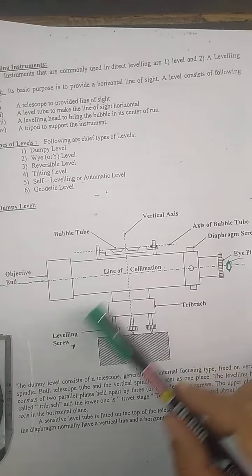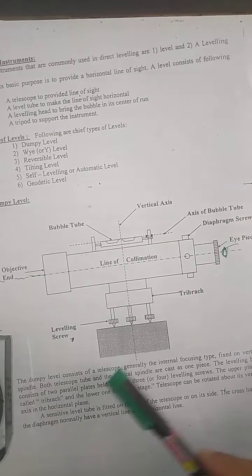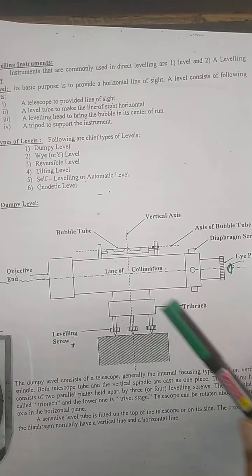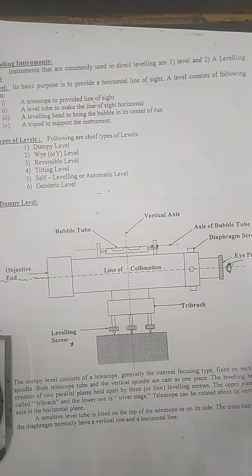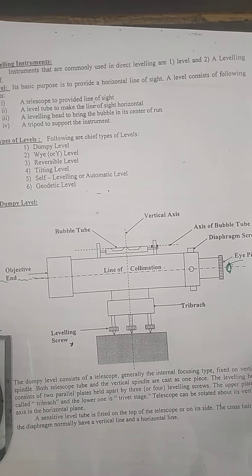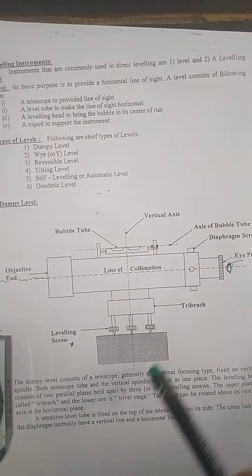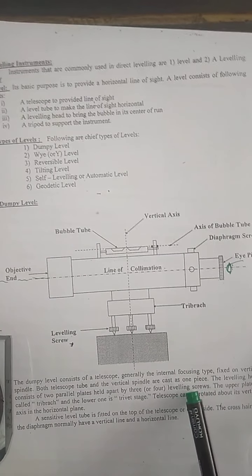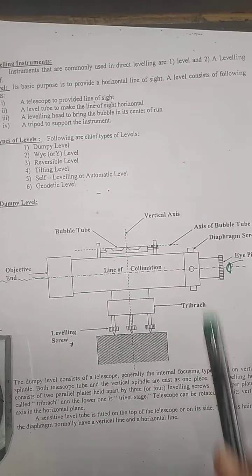So in order to make the instrument completely horizontal, we will use these leveling screws. As I have told, the dumpy level has the telescope, which has the focusing type, fixed on a vertical spindle, right. Both the telescopic tube and the vertical spindle are cast in one piece, as I have told.